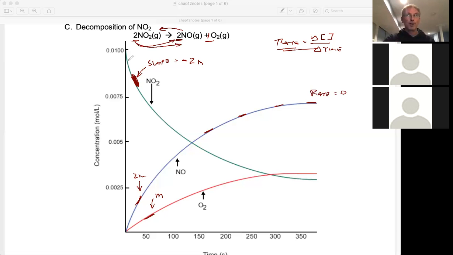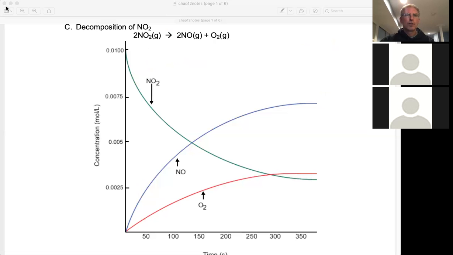When we talk about equilibrium eventually, we're going to ask why it stopped here, and why they leveled out at this place instead of somewhere else. That's a really interesting chemical question. But for now, we just want to look at what the rates are, what the slopes are.